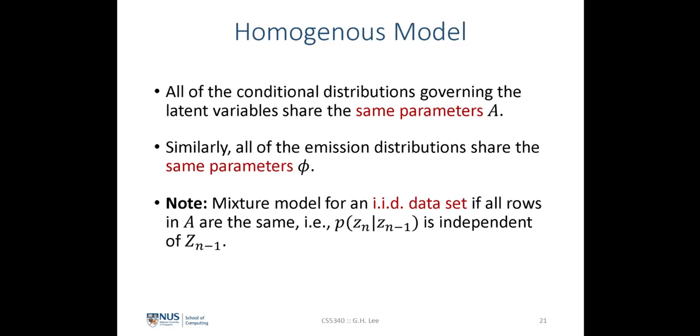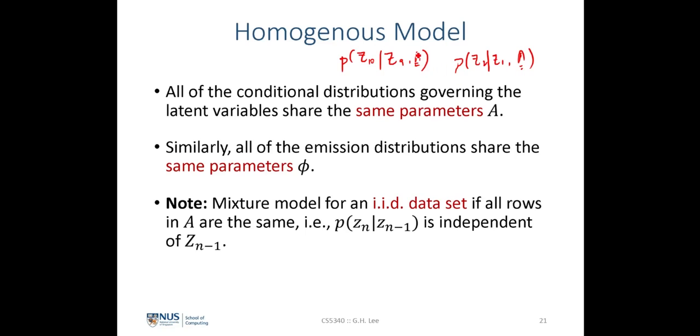Now it's also important to note that the hidden Markov model is a homogeneous model, otherwise known as a time invariant model, where all the underlying parameters that govern the hidden Markov model distribution stay constant regardless of the time step. This means that for example z of 10 conditioned upon z of 9 is going to have the same A matrix that governs this transition, in comparison to the probability of z2 conditioned upon z1 over here.